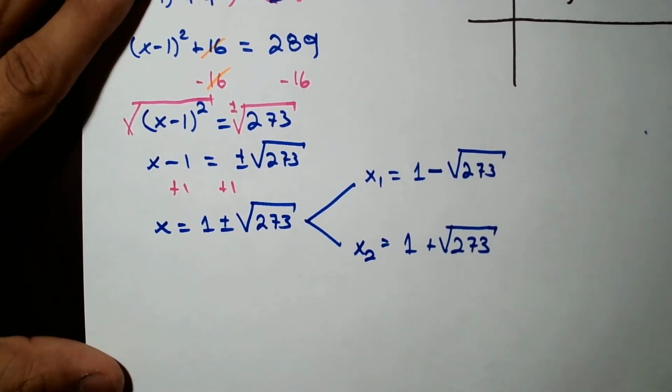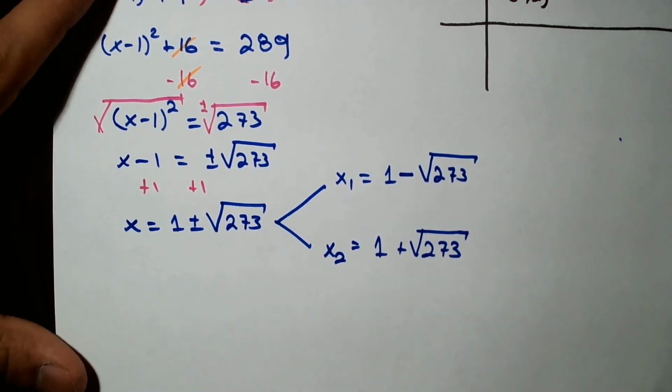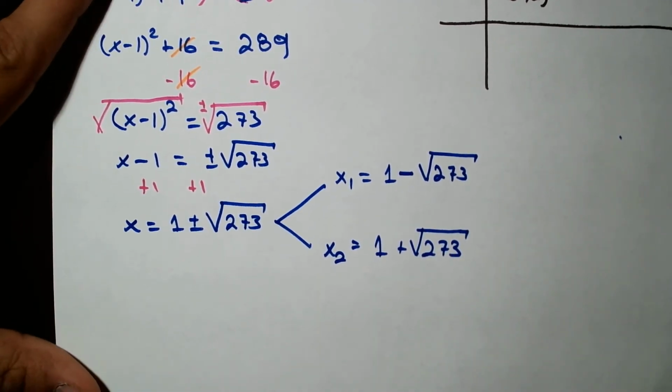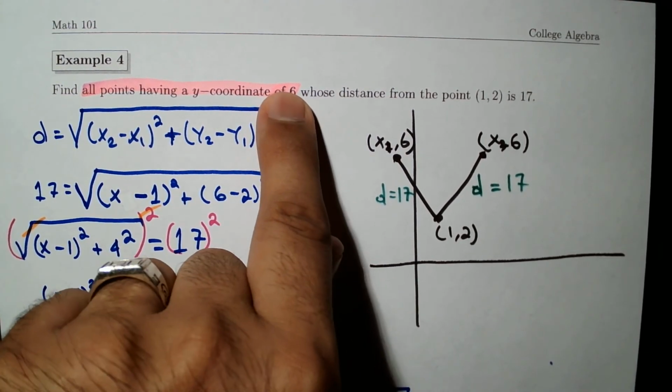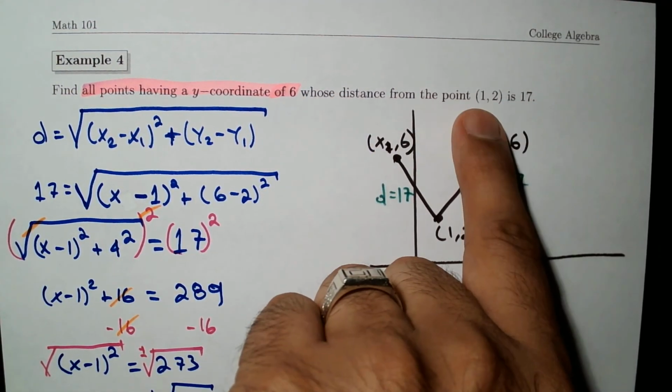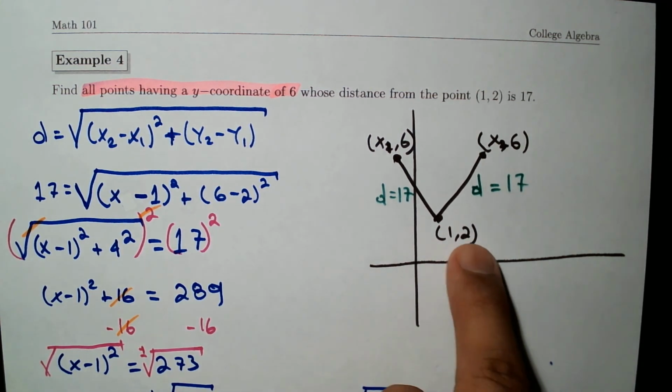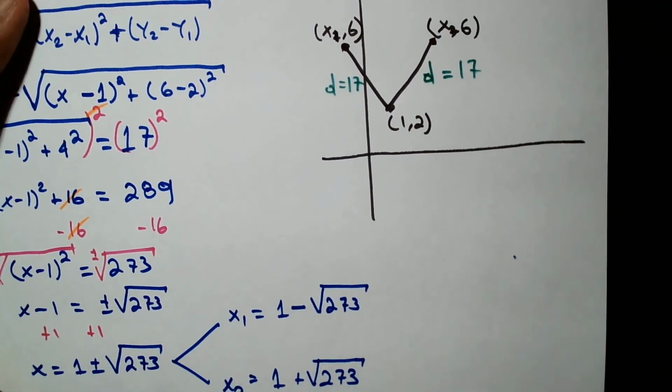Okay, so this is the solution to the equation. Now they're asking us for the points that have a y coordinate of 6, whose distance from the point (1, 2) equals 17.